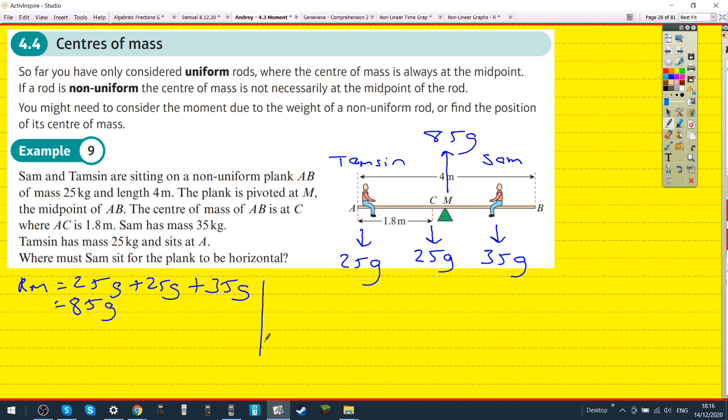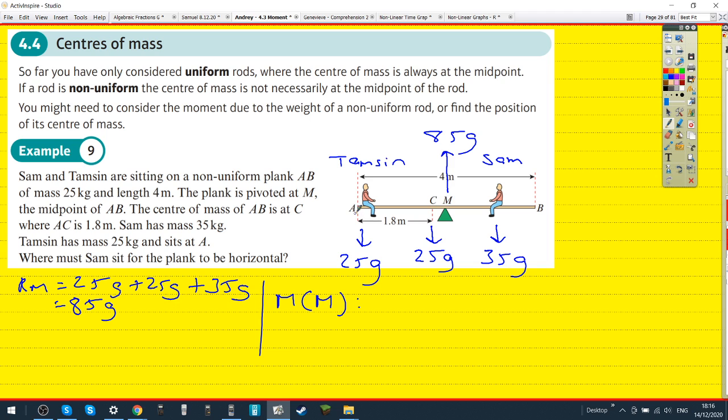So I'll try to give you something that's a bit more intuitive. Let's take moments about M, the center. Let's say to the left, what are the forces and distances going to the left? The force and distances going to the left, is that like 1.8 meters and stuff? Yeah.